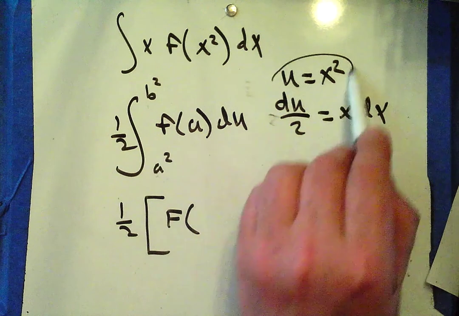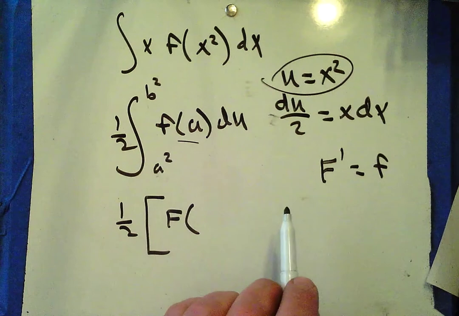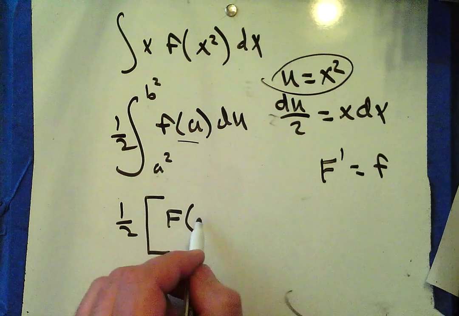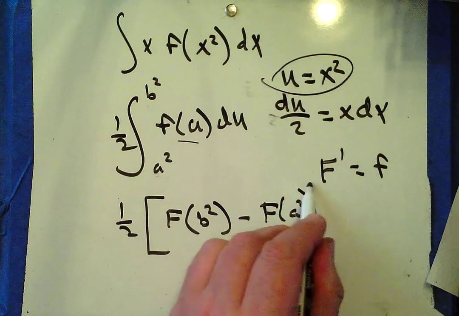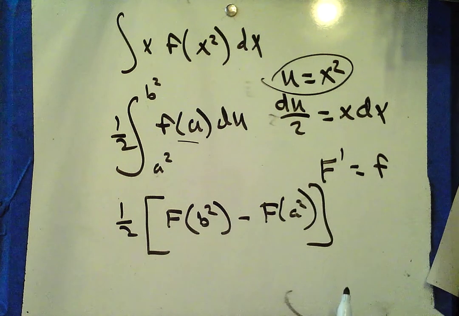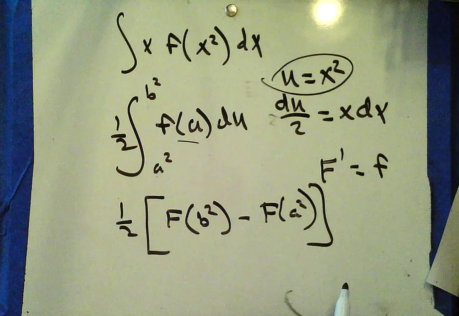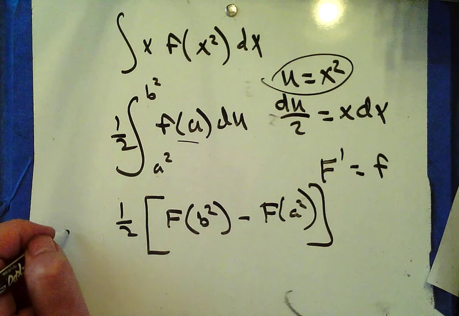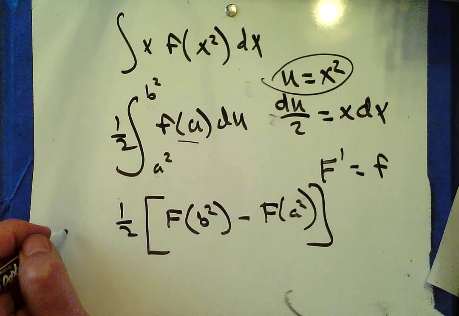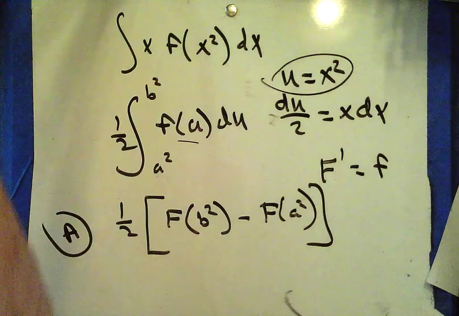I have to use u bounds because this is a u function now. Big F of b squared minus big F of a squared. Okay, so which one is that? That looks like A. Looks like choice A for number 34. It's 35.